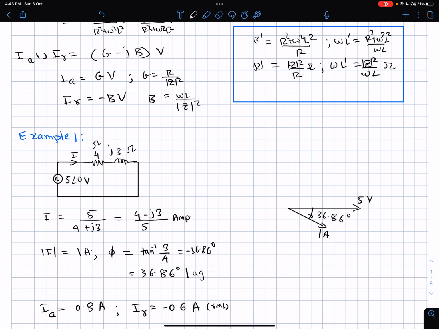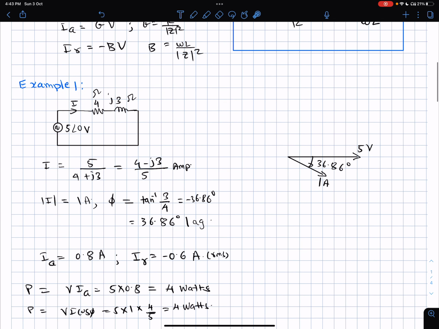So the current phasor will be V divided by Z, which will become 5 volt divided by 4 plus J3, which is 4 minus J3 divided by the impedance value, which is square root of 4 square plus 3 square, 16 plus 9, square root of 25, which is 5.